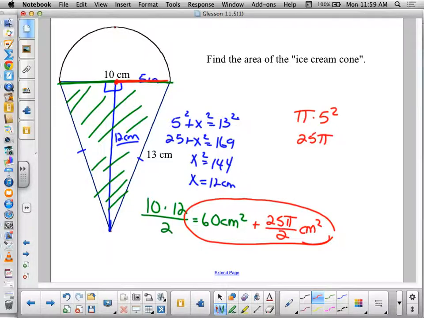It helps if I put my glasses on so I can see what I'm doing. Where's my pi key? There it is. Divided by 2. It's 99.26, 99.27. Okay. And that would be the total area for that ice cream cone shape.